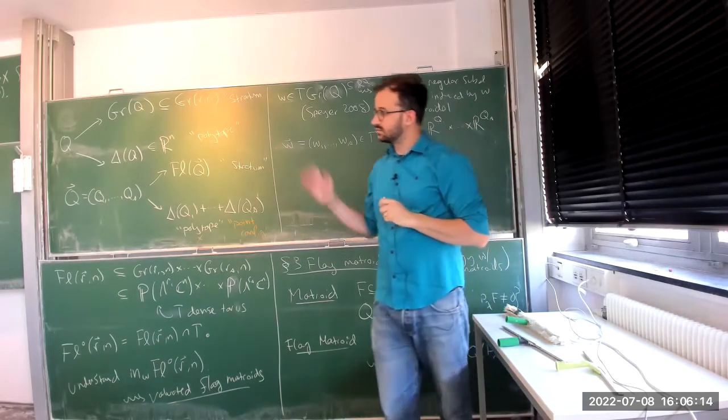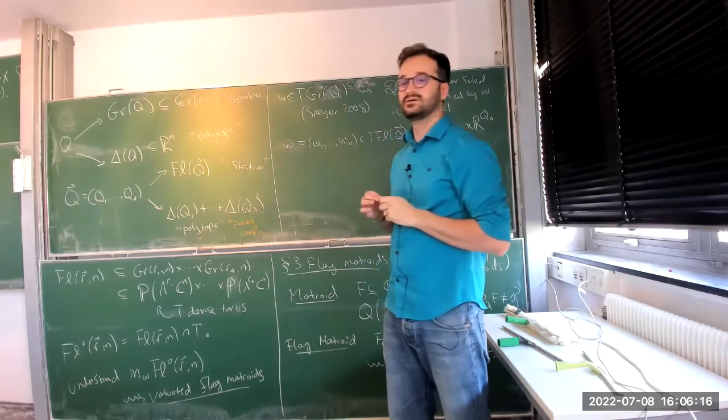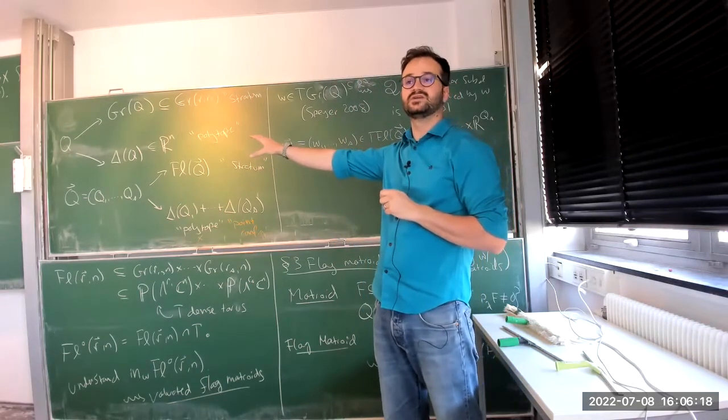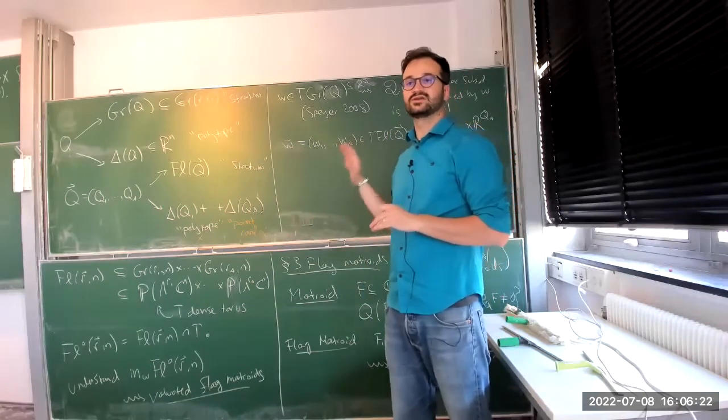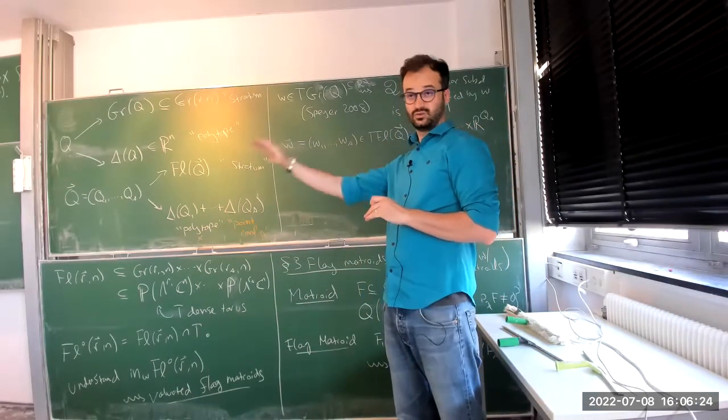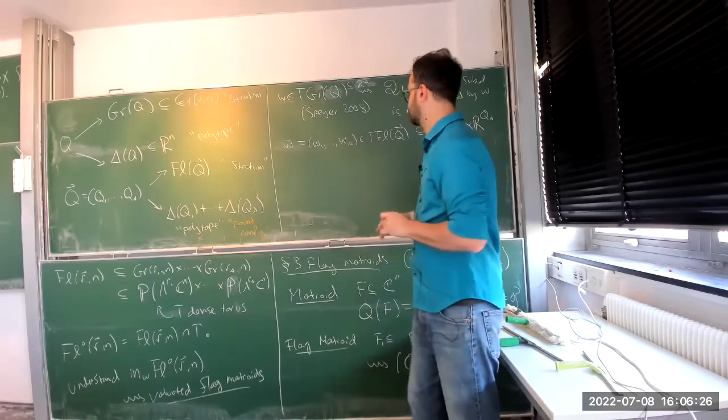Okay, so now the points in the Minkowski sum of the point configuration, they're naturally in bijection with the Cartesian product of Q1 through QS.